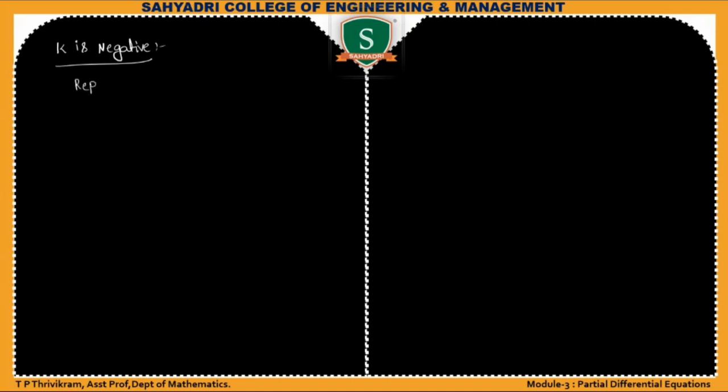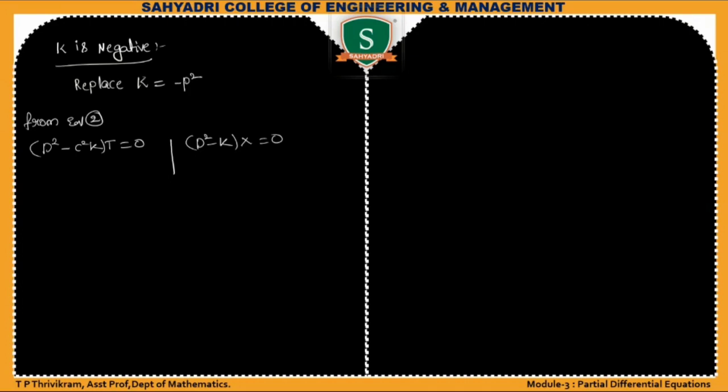Replace k equal to minus p square. From equation 2, (D square minus c square k) t is equal to 0 and (D square minus k) x is equal to 0.